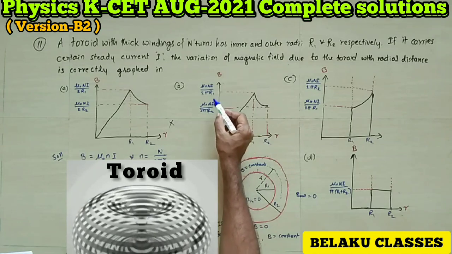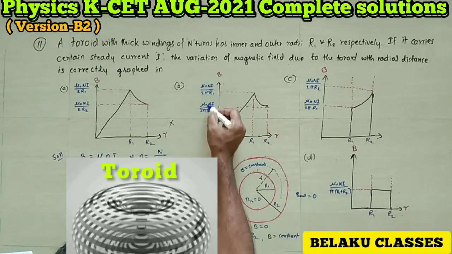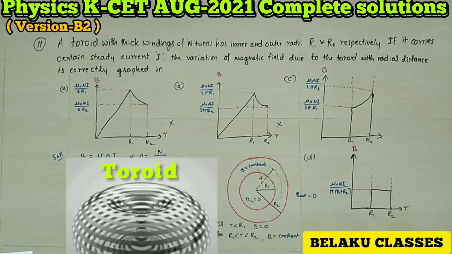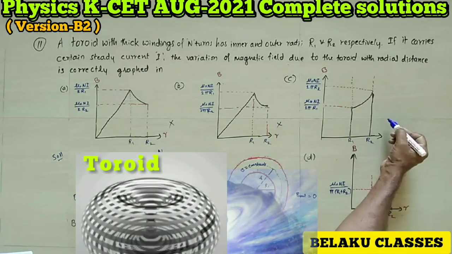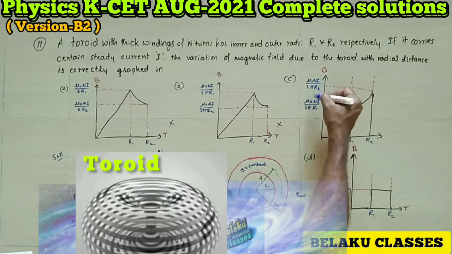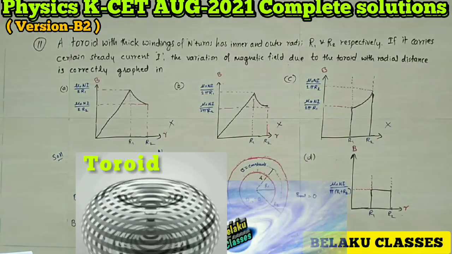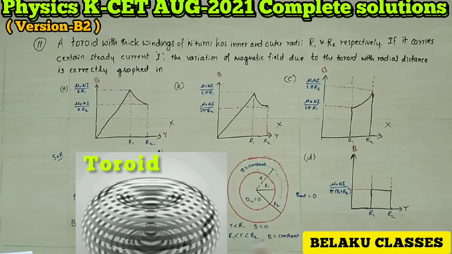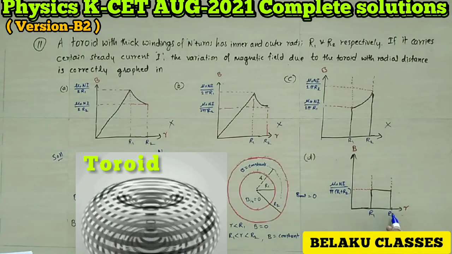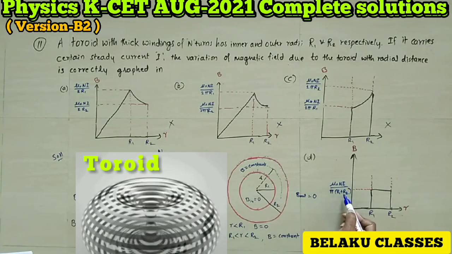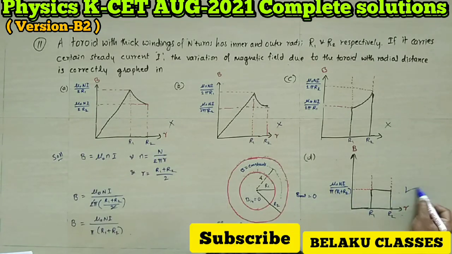Option B also has different values of B, so this cannot be the answer. Option C also has different values of B, so this is also not the answer. And option D, you can see here R1 and R2 and mu naught N I by pi into R1 plus R2. So this is the right answer.